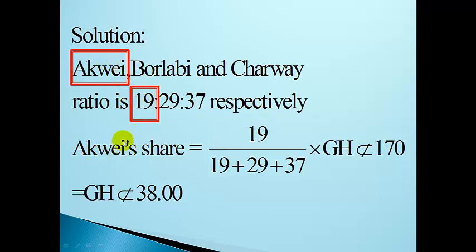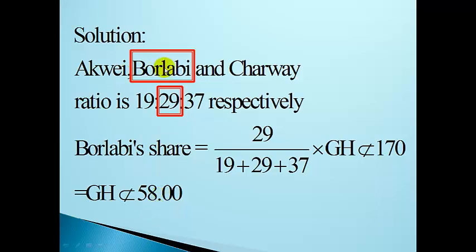So Akwe's share is equal to 19 divided by the sum of the ratios times the amount, 170 Ghana cedis. And 19 divided by 19 plus 29 plus 37 times 170 Ghana cedis is equal to 38 Ghana cedis. That means that Akwe's share is equal to 38 Ghana cedis.